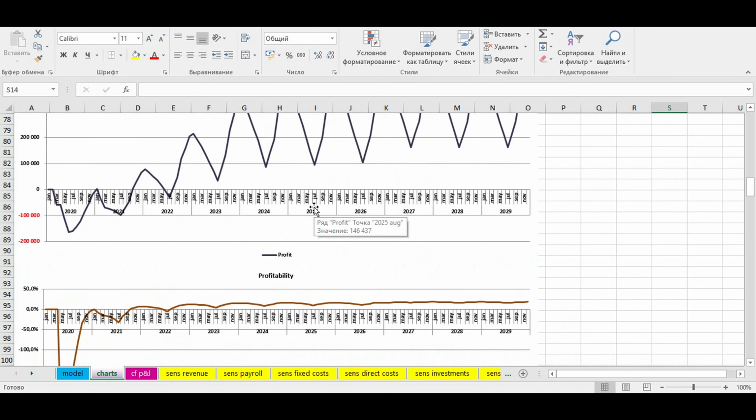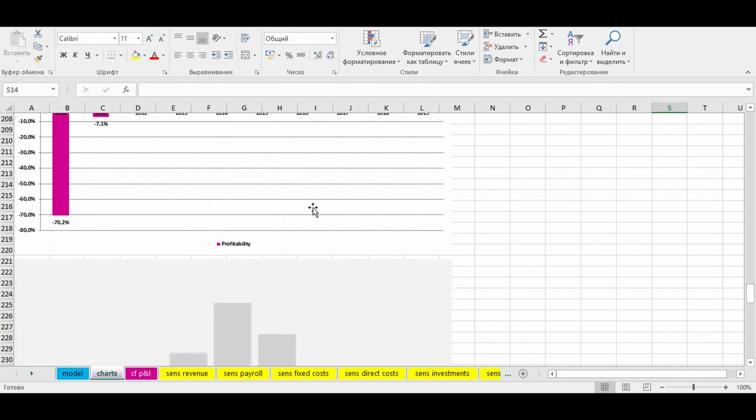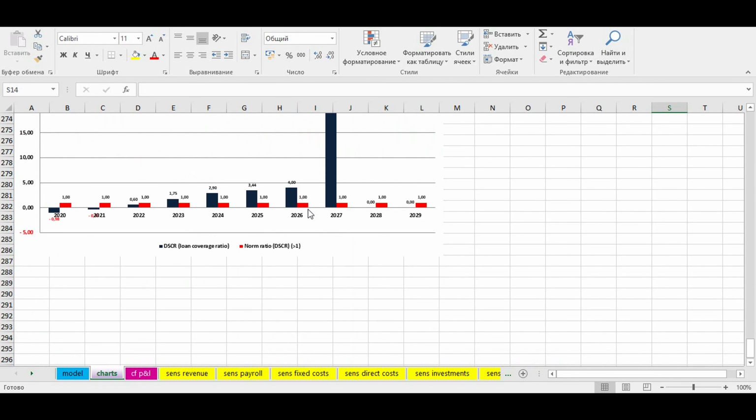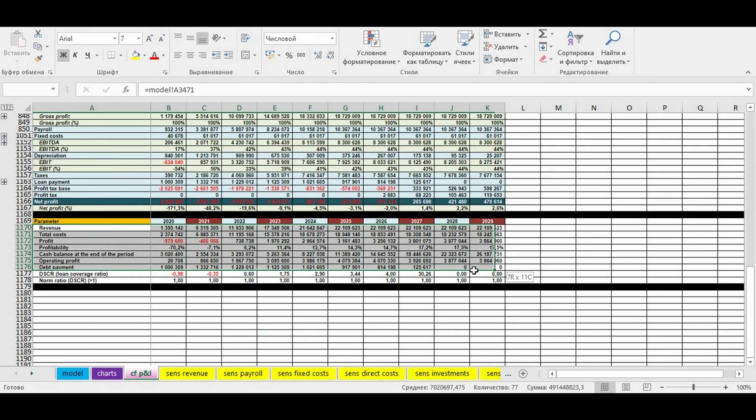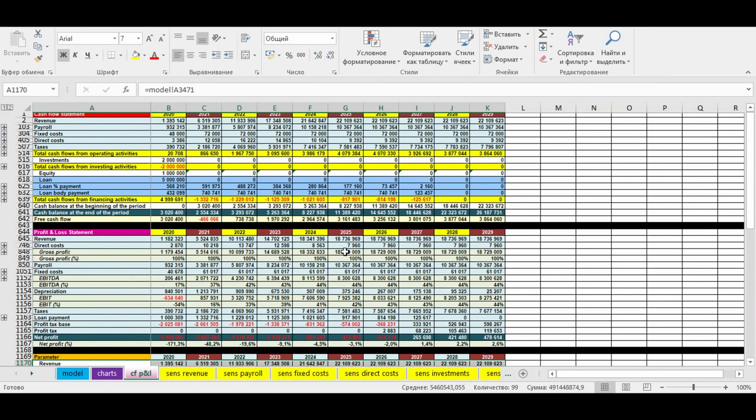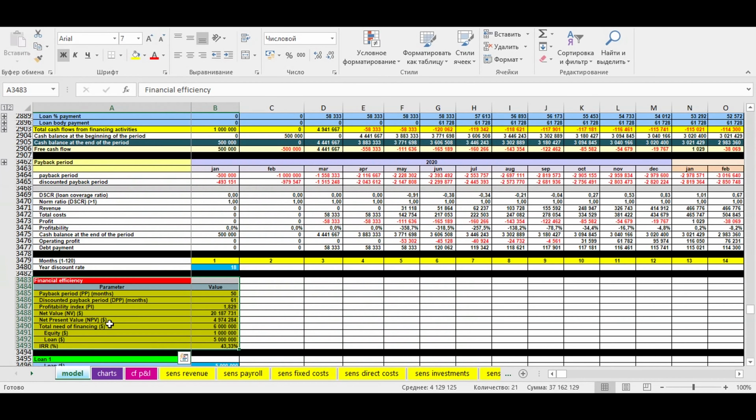Then we have the same information done yearly. On the next Excel sheet, we have gathered yearly consolidated cash flow statement, profit loss statement, and main financial results of your dance classes. Finally, we see the financial efficiency of your dance classes.